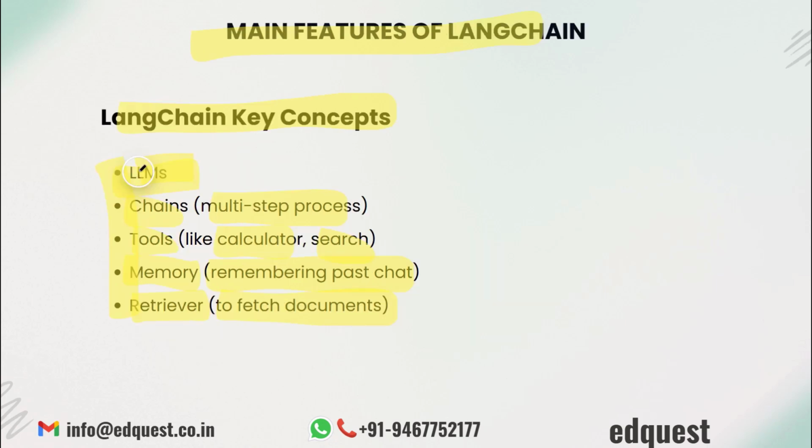And guess what? Most of these apps use the exact five components we just discussed: LLMs, chains, tools, memory, and retrievers. If you are thinking of building your own AI app, LangChain gives you the blueprint, the engine, and the tools. Hope this inspired you.